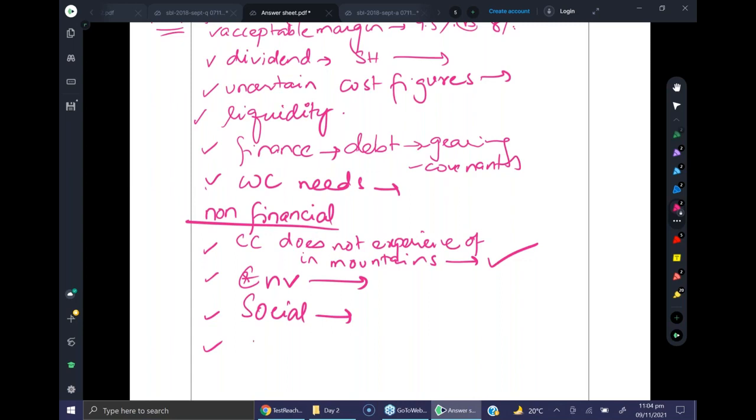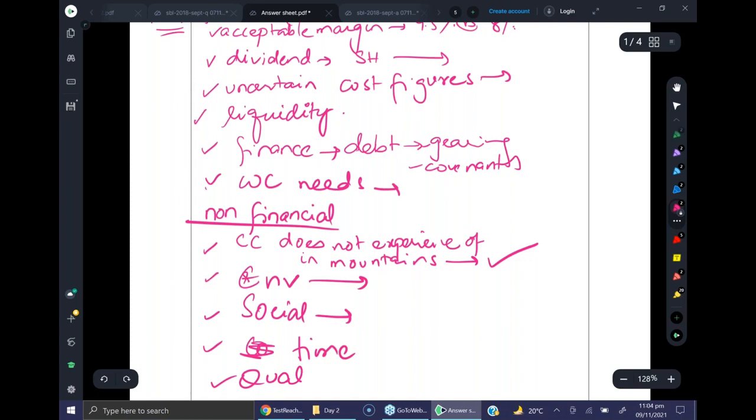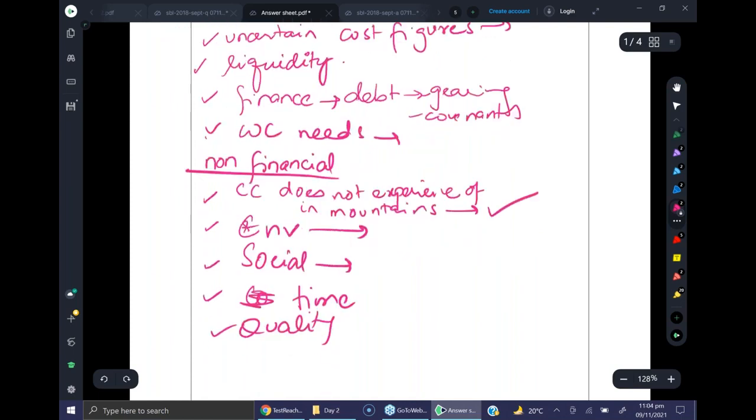Yeah, the cost element, no, the cost is financial, right? So the time, yeah, the quality aspect. They might need new resources, new skills for this road construction on the mountainside. So are these skills available?